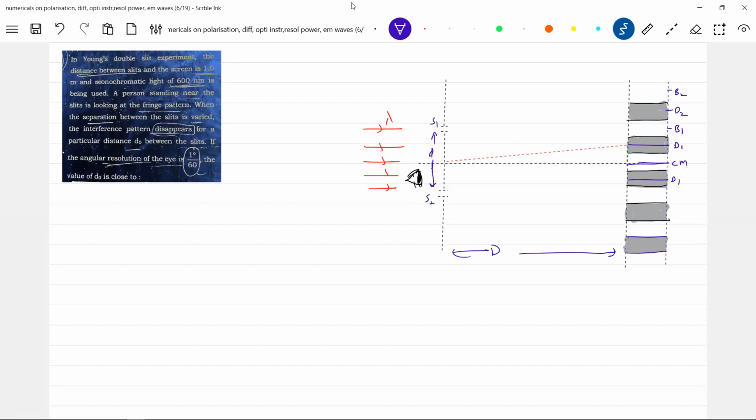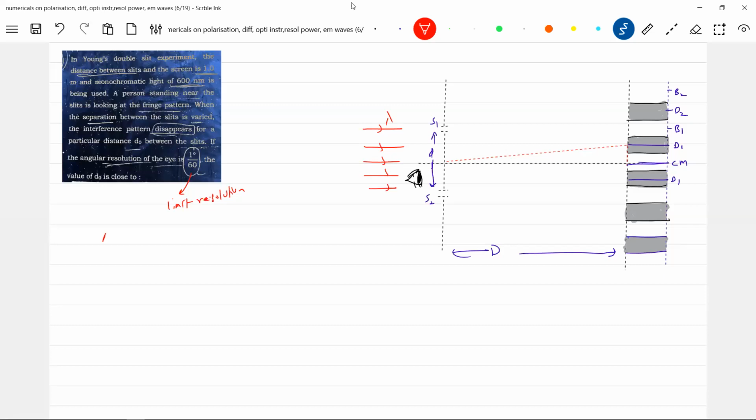Now, if the angular resolution of the eye is 1 by 60 degree, what shall I do with this one? Shall I say limit of resolution? It is the limit of resolution. The value of d theta is what he has given.